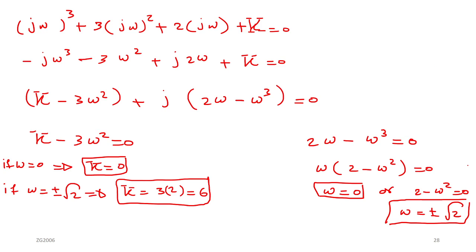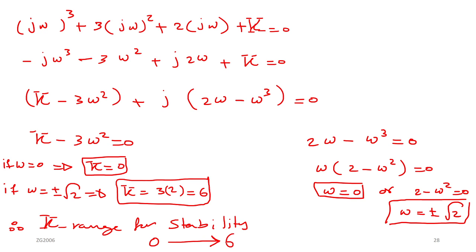How do I know this? From here, from this one. So the K range for stability is from 0 to 6.